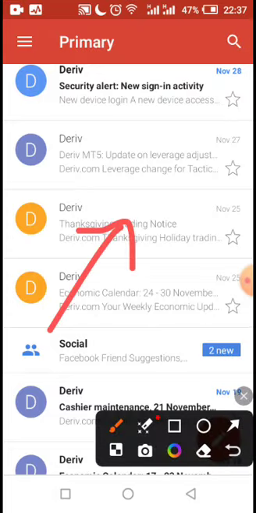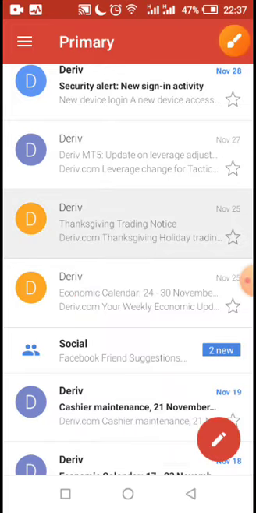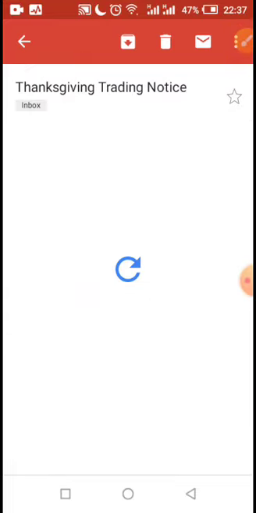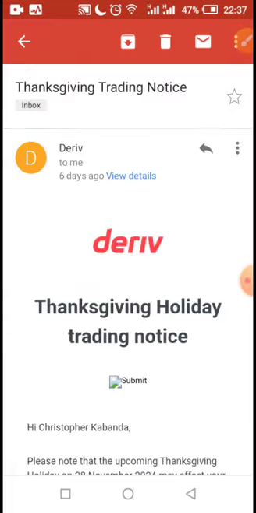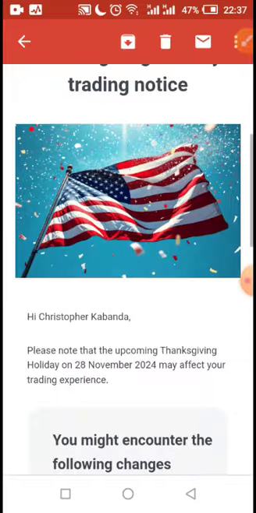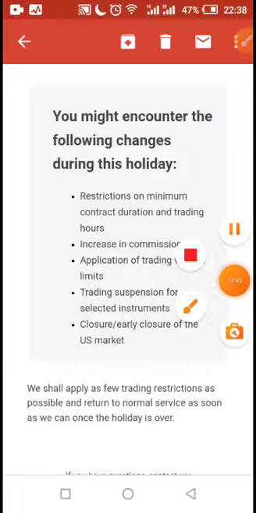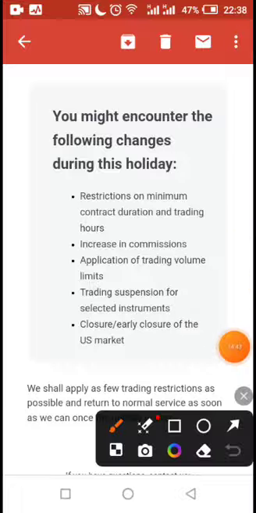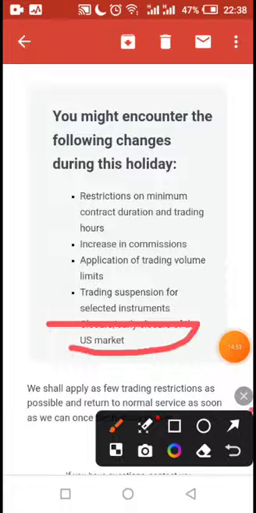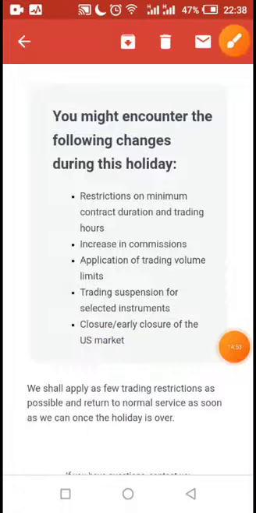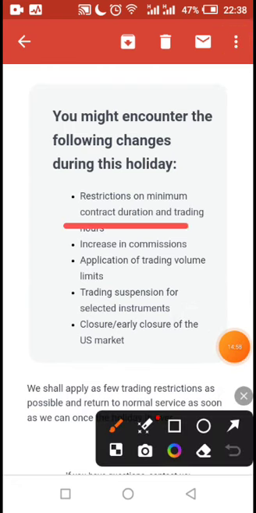So even a day before, like a day before Thanksgiving Day, they actually sent me an email. They usually send them a day before a USA public holiday, telling you that for financial instruments, they shall maybe close some of the markets earlier, but they will also increase commissions of trades.